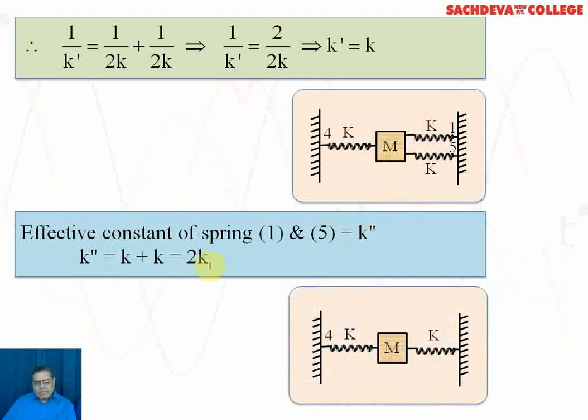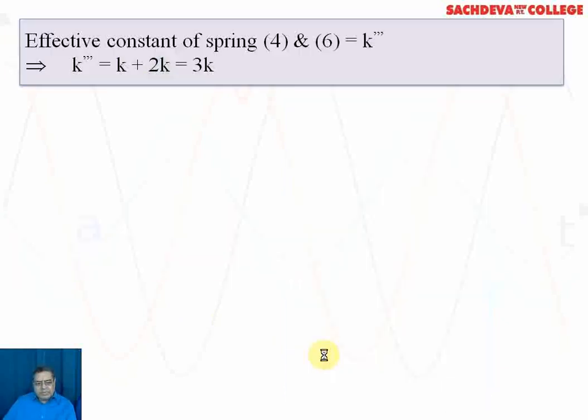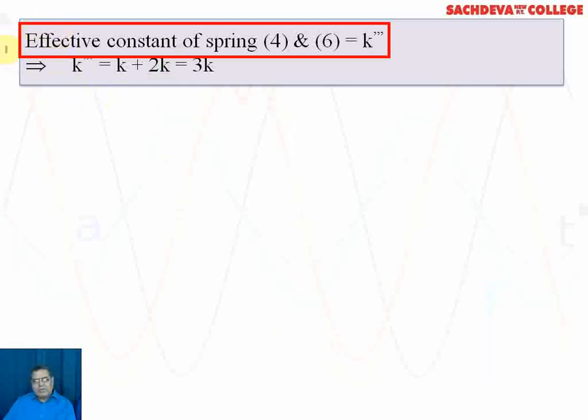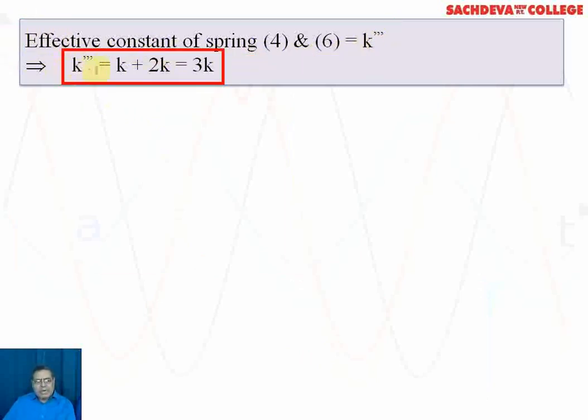Now this is the resultant combination as shown above. We have simplified the combination. So the effective constant of springs 4 and 6 will be k triple dash. K triple dash will be k plus 2k, and the net result will become 3k.